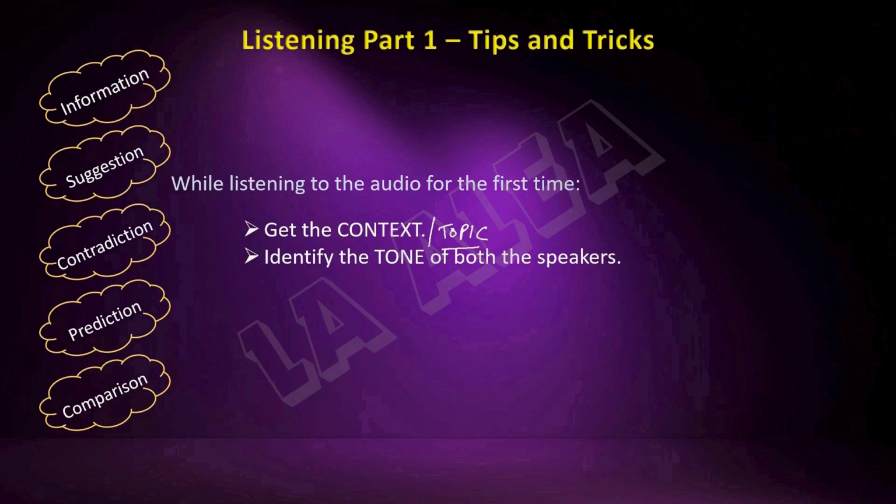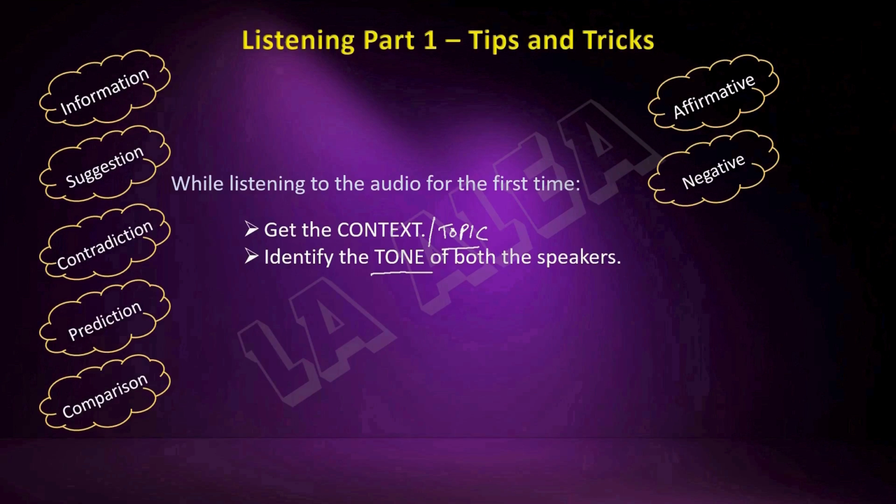Also, we need to identify the tone of both speakers, how they are communicating. We can only understand what this person can say next if we understand his or her tone. The tone can be affirmative. For example, both of them can agree with something, or one person is saying something and another person is accepting that.